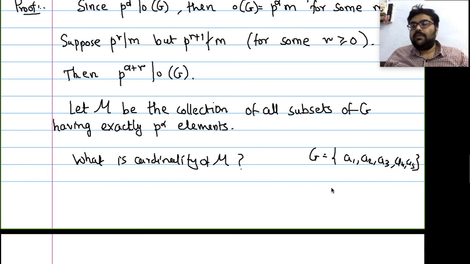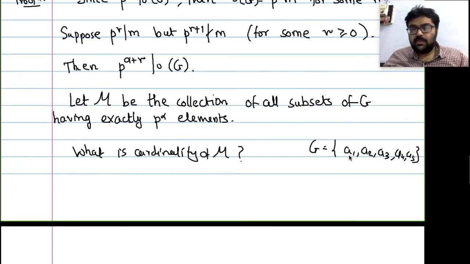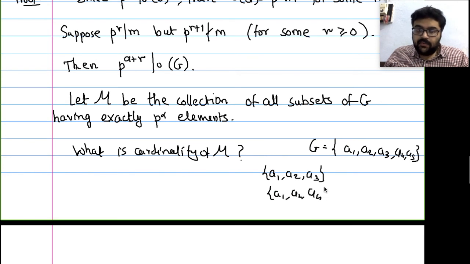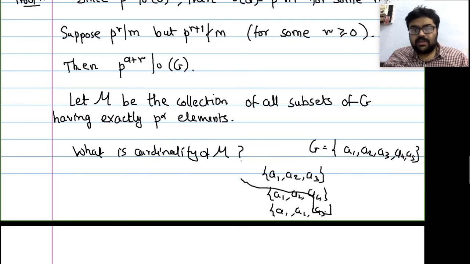I'm not saying it's a group, otherwise you will say identity, just for explaining. Suppose G has 5 elements. We want all subsets with 3 elements. So how many such subsets can we make? I can take a1, a2, a3. I can take a1, a2, a4. I can take a1, a2, a5. All such combinations.